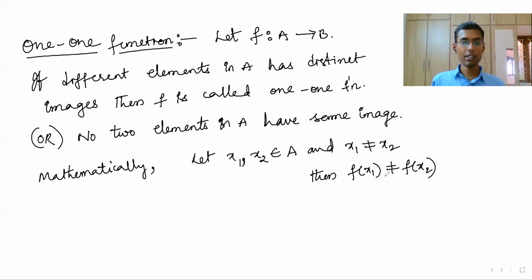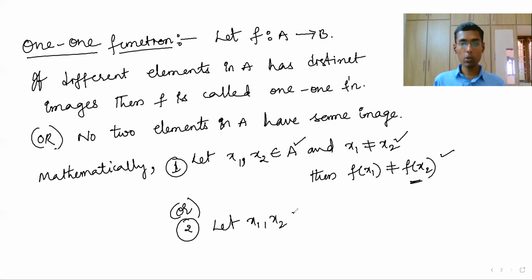See, two different elements in A: any two elements you take, their images must be different. Different elements should have different images. Another way: let x1, x2 belong to A, and f of x1 is equal to f of x2.